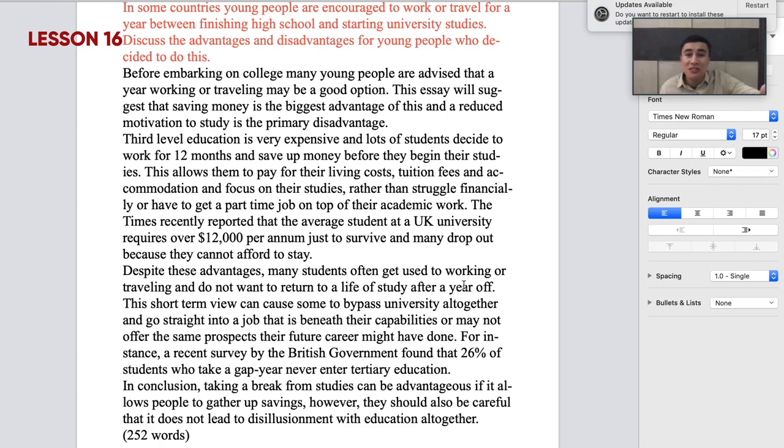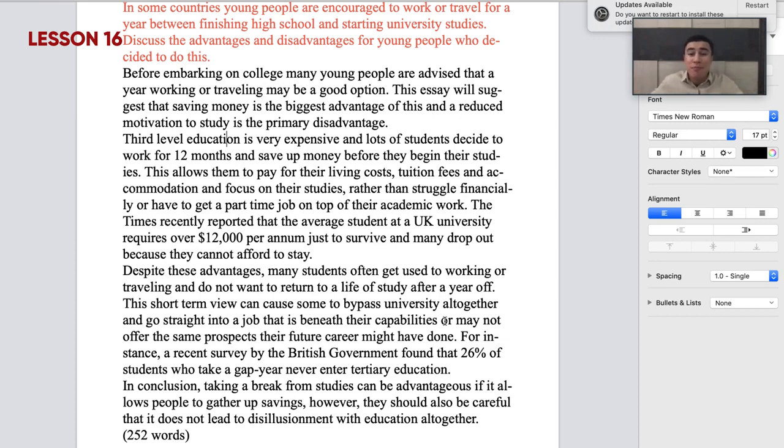So they lose their interest in higher education. This short-term view can cause some to bypass university altogether and go straight into a job that is beneath their capabilities or may not offer the same prospects their future career might have done. Okay, this is the explanation.